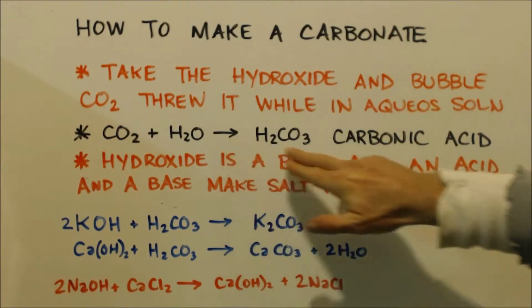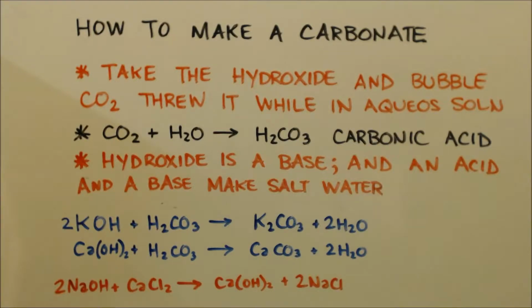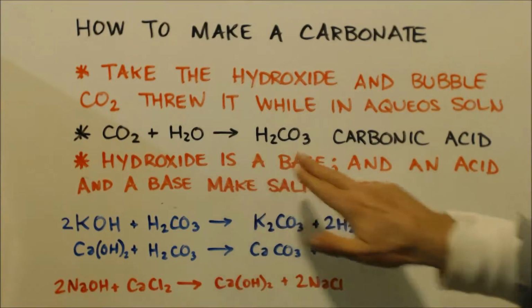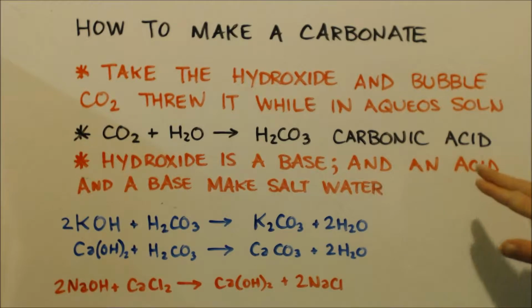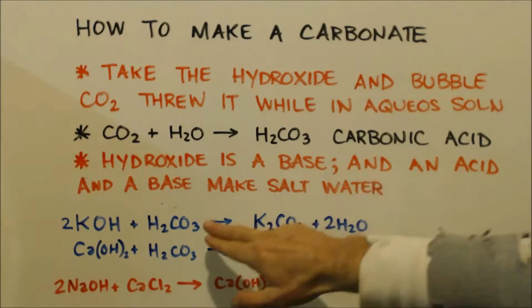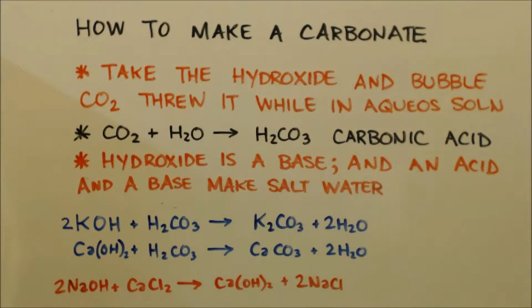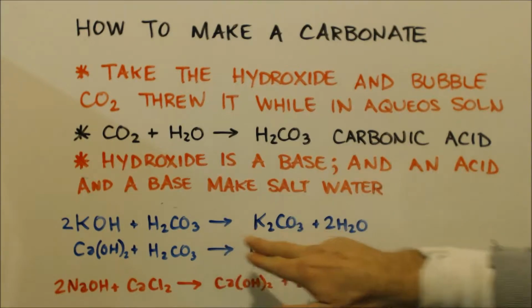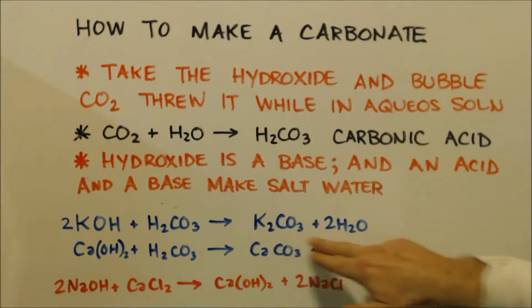CO2 and H2O make carbonic acid, right? And a hydroxide's a base and carbonic acid's an acid, and a base and an acid make salt and water. So look at these examples. I got potassium hydroxide here. If I put it in water and bubble CO2 through the water, I'd make carbonic acid, and then it would react to make salt water.